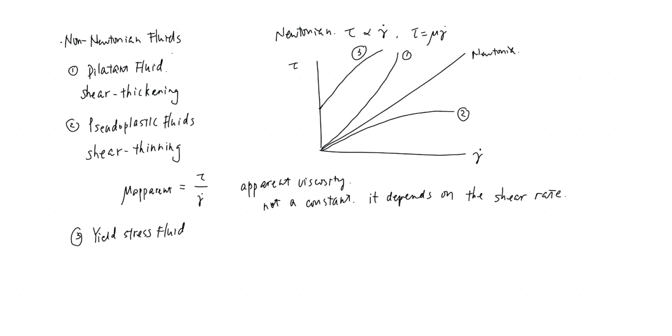The yield stress means it requires a finite yield stress, or a small stress, to begin flowing. So here the stress, this amount, is tau y. So tau y is the yield stress.